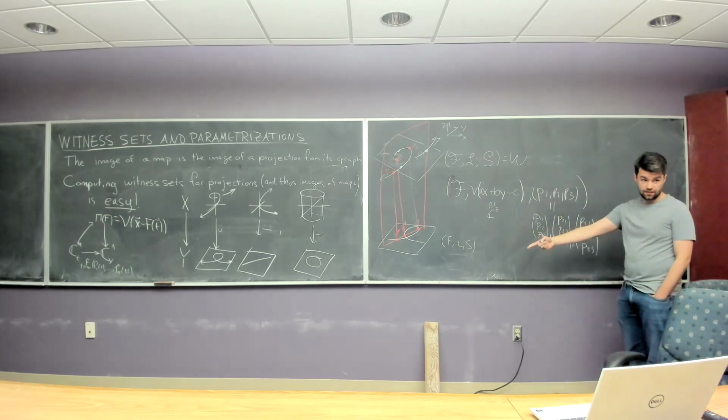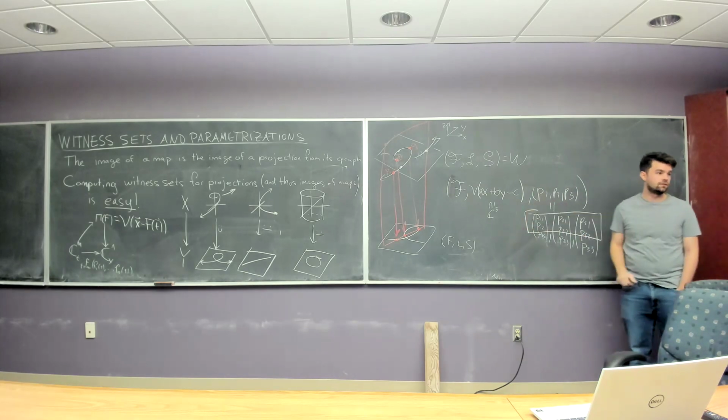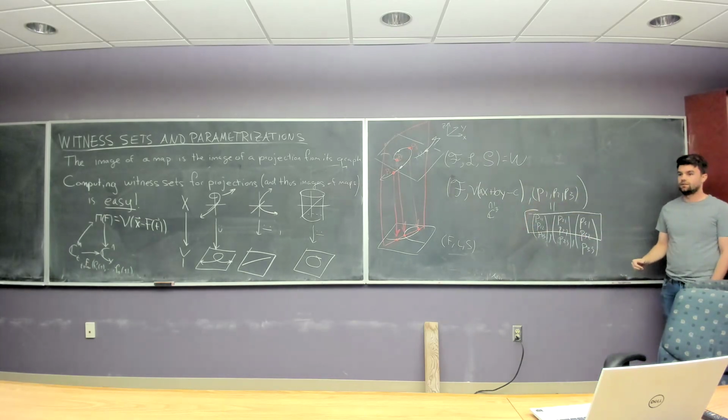Now, how do I get the points downstairs? It's just these parts. It's actually easy to write them down because they are just the first two coordinates of whatever's going on upstairs. We just have extra stuff upstairs. Make sense?